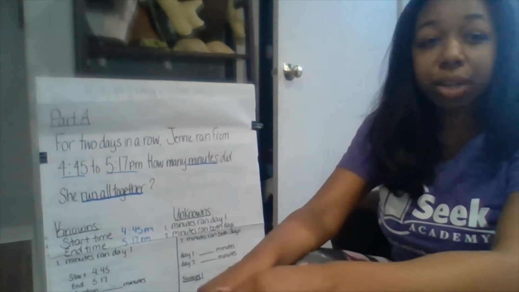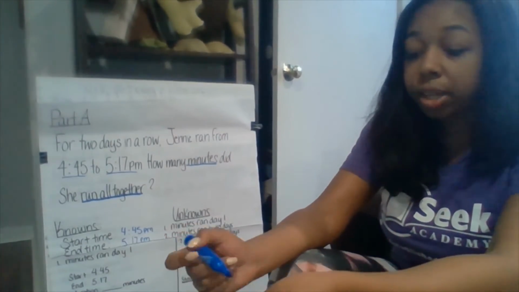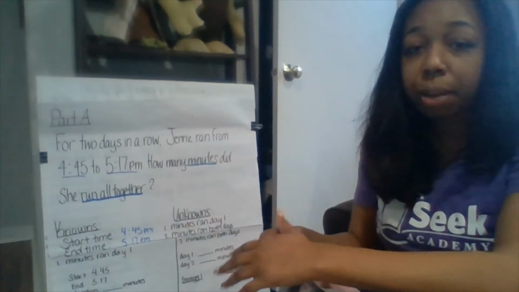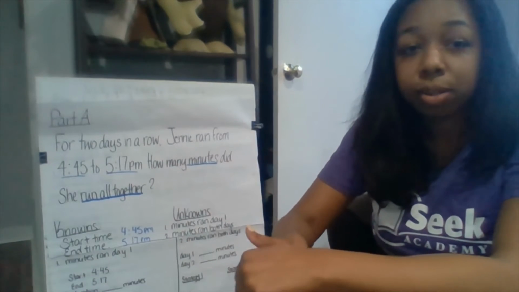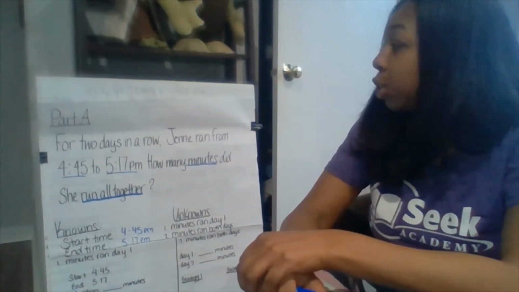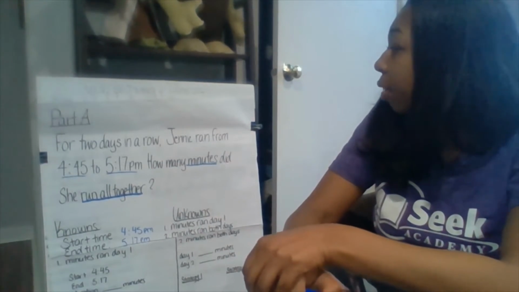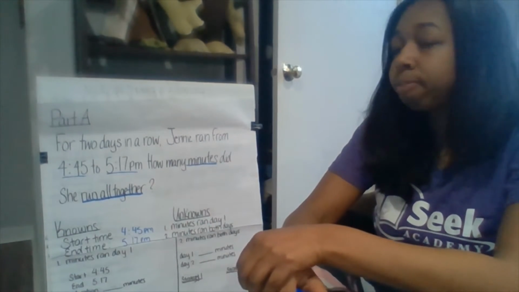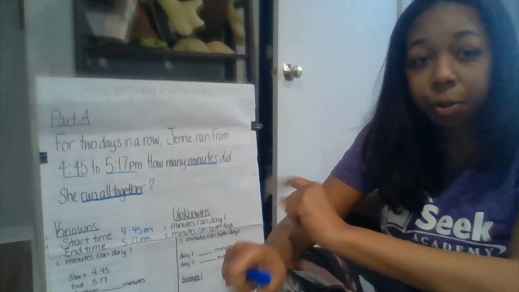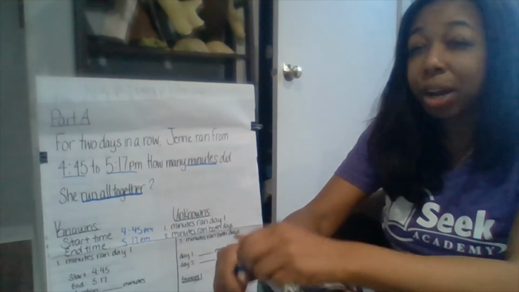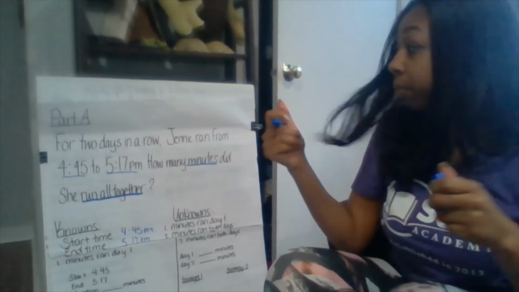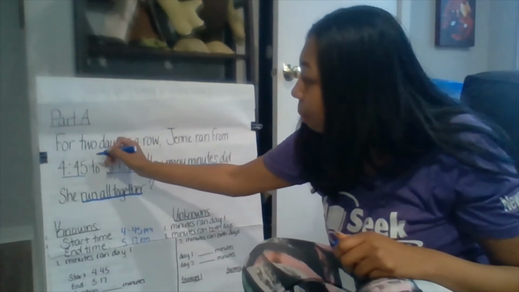So now I need to read it again for my third time, and I need to visualize and think about the relationship between our knowns and unknowns. For 2 days in a row, Jennie ran from 4:45 to 5:17 p.m. There's also another piece of important information. I know that she ran, because I visualized, 2 days in a row. So I'm going to mark that up.